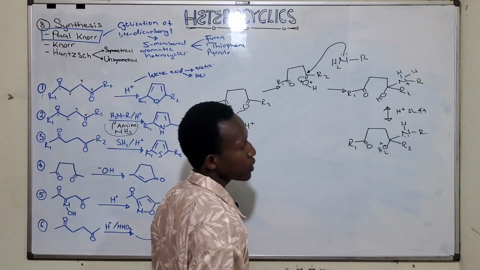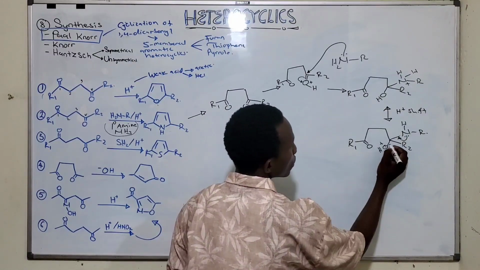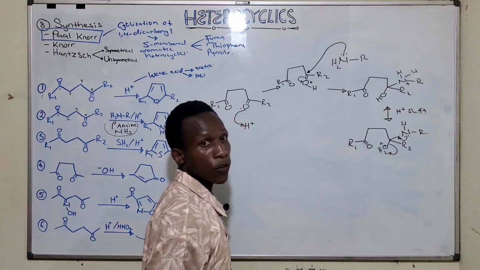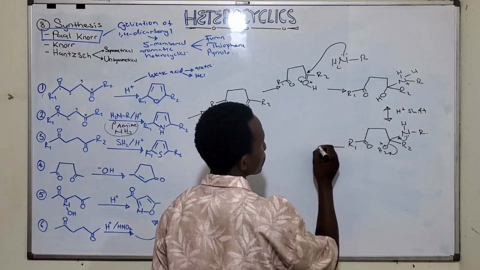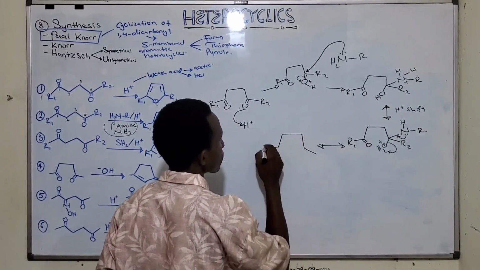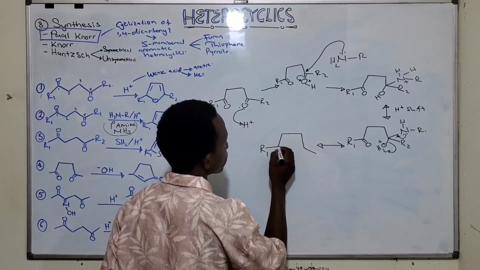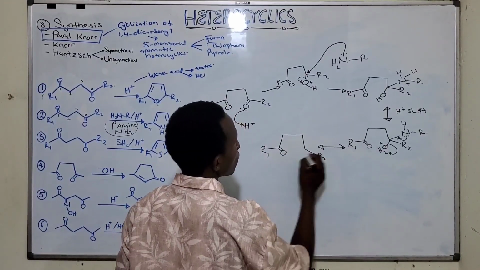Nitrogen has gained its lone pair of electrons, so it will form a bond. As it forms a bond, this one breaks off, so we shall form this: R1, oxygen, R2.